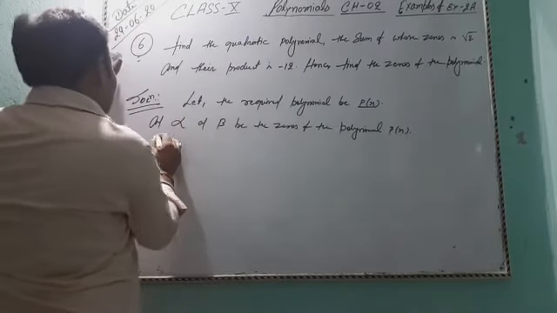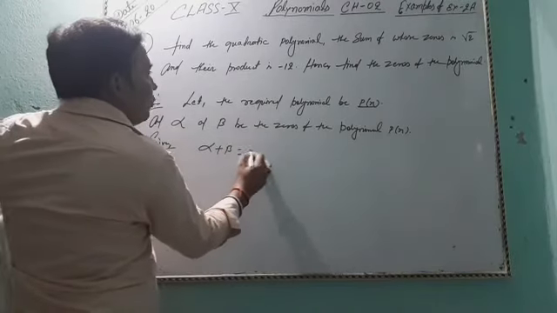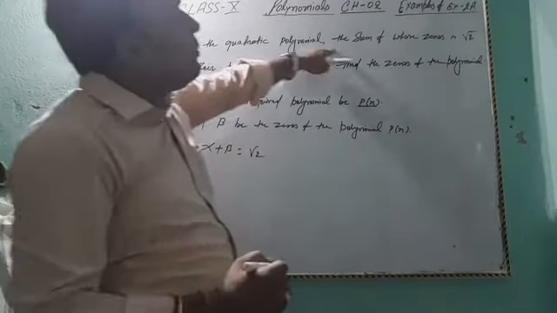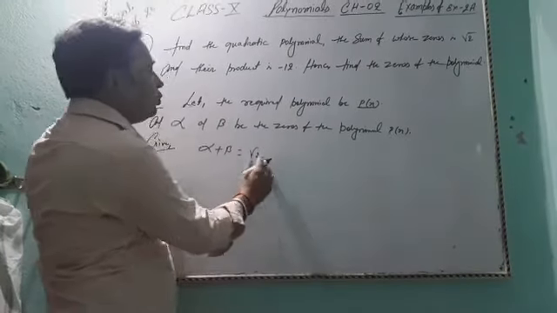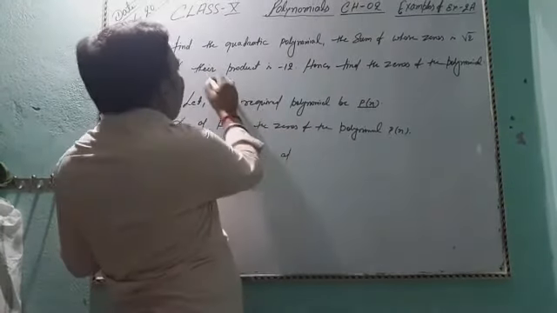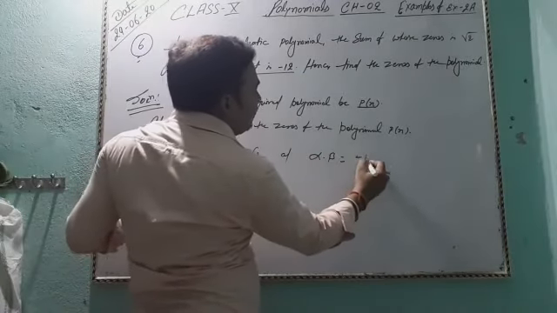So given alpha plus beta equal to √2, the sum of the zeros is √2, and the product is minus 12, so alpha into beta equal to minus 12.